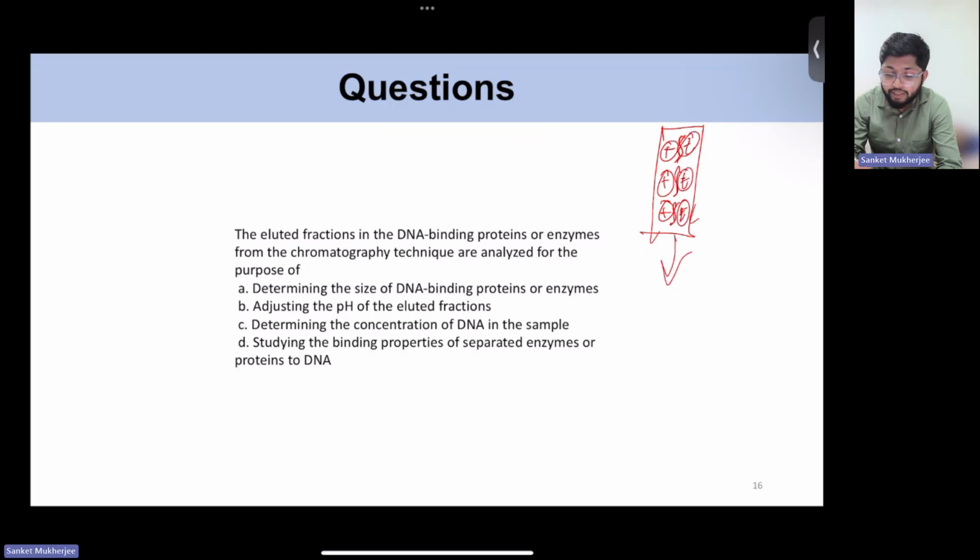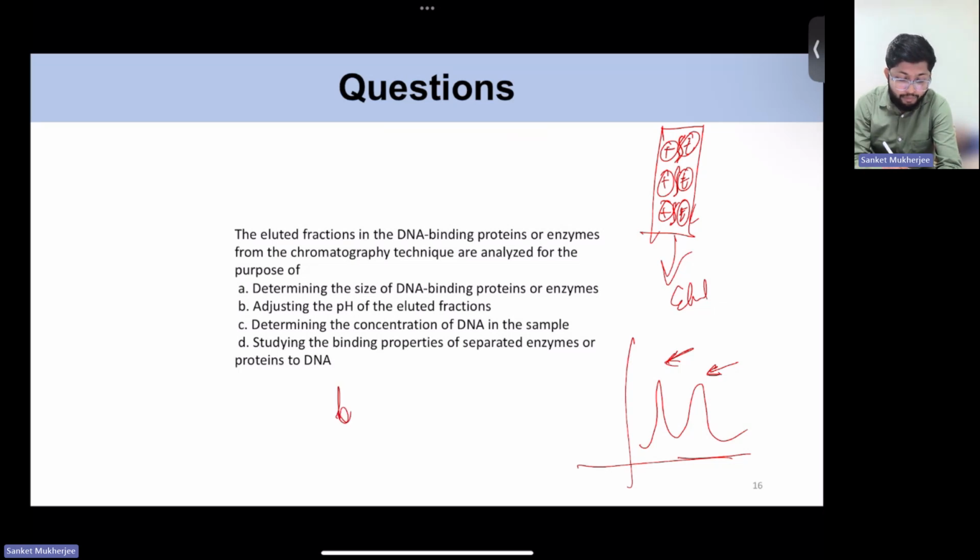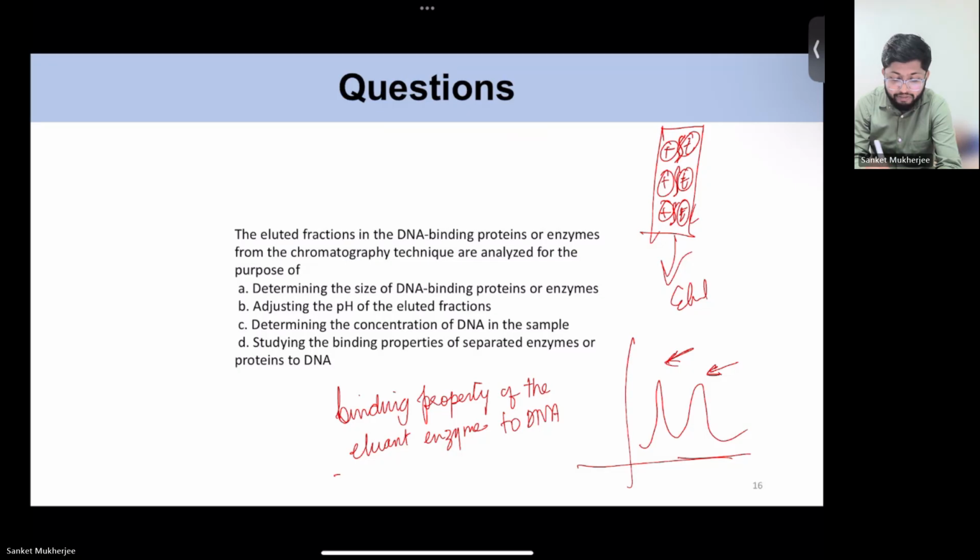Whatever comes out in the eluted fraction, if you see different peaks, what we actually get to know is the first peak, the last peak, or the second peak. So if there are two peaks and two enzymes coming out, what we are knowing is the binding property of the eluent enzymes to DNA. This is what we are studying, right?